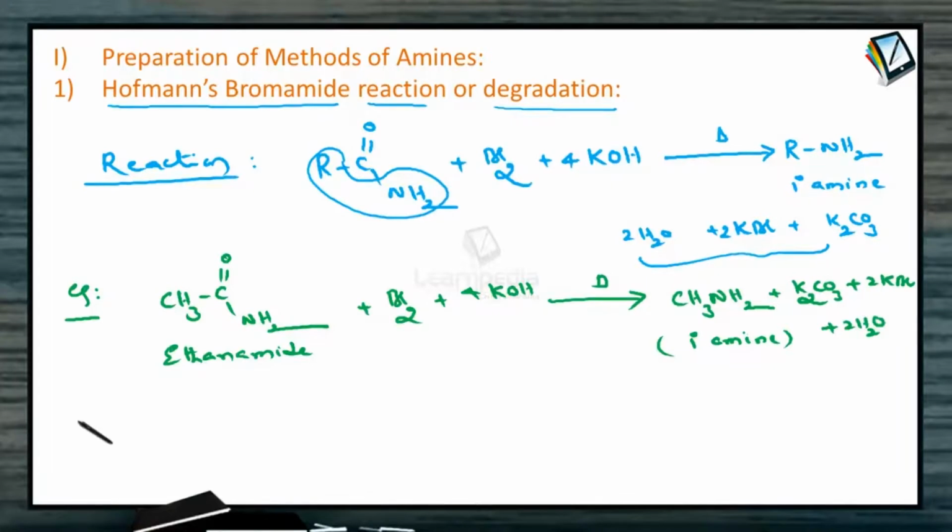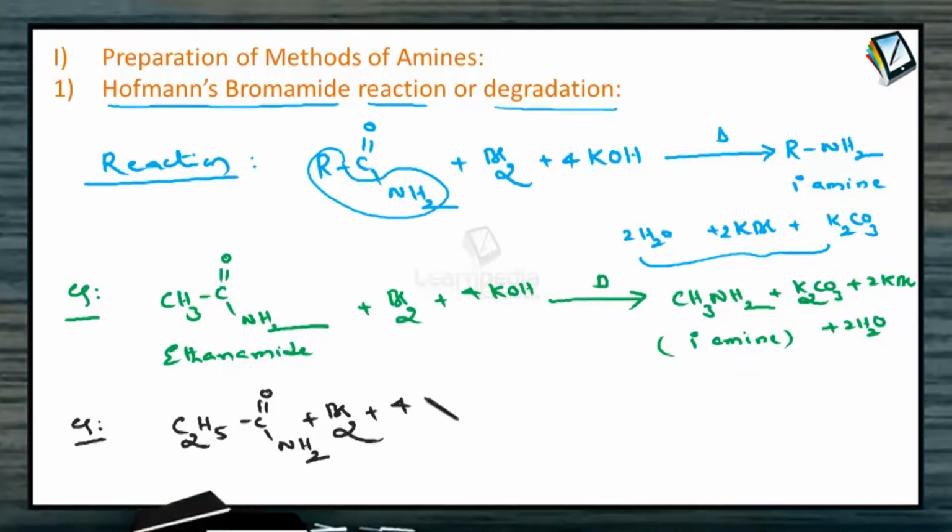Similarly, if R is equal to C2H5, example 2, propionamide, C2H5 C double bond O NH2, is an example of an amide and it is allowed to react with bromine with the same concentrated aqueous potassium hydroxide solution on heating, where bromine mixed with KOH is nothing but KOBr, K plus OBr minus, hence potassium hypobromite.